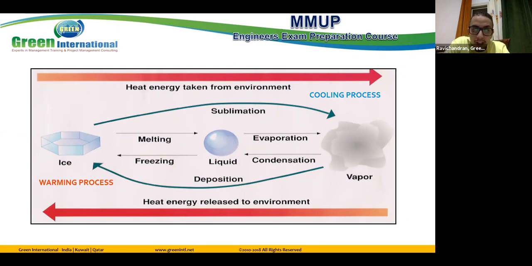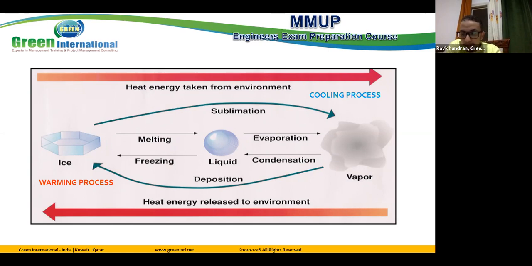If we study the behavior of water from the solid state to the gas state, we see that the solid is ice, the liquid is water, and the gas state is vapor. Going from solid to liquid is the process of melting. From liquid to vapor is evaporation. Going back from vapor to liquid is condensation, and liquid to ice is freezing.